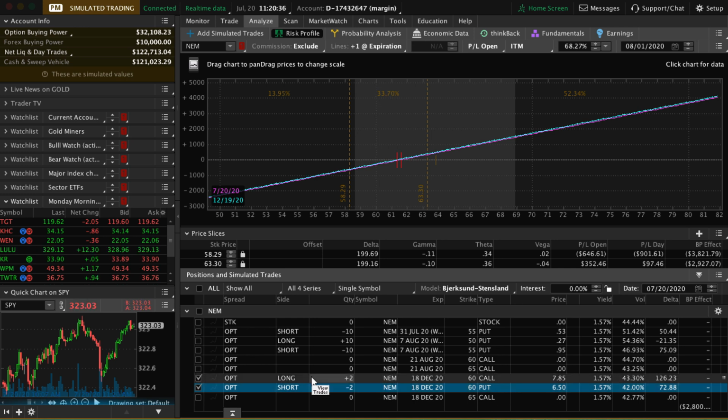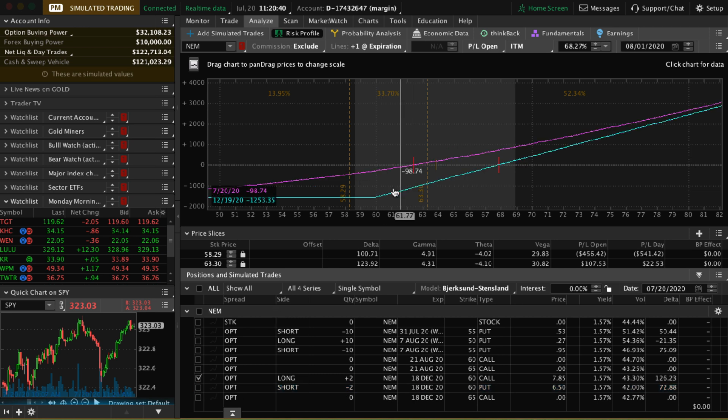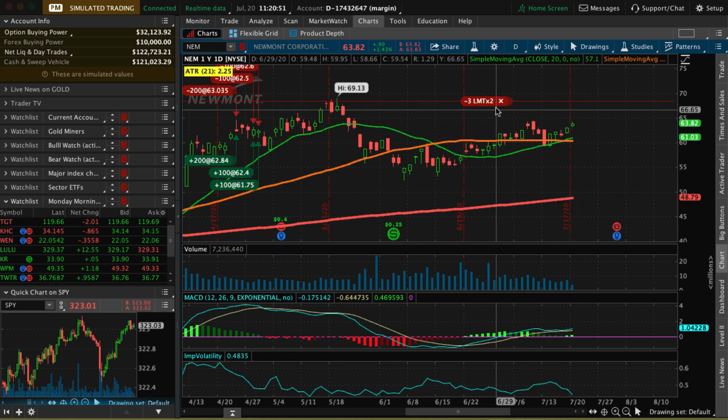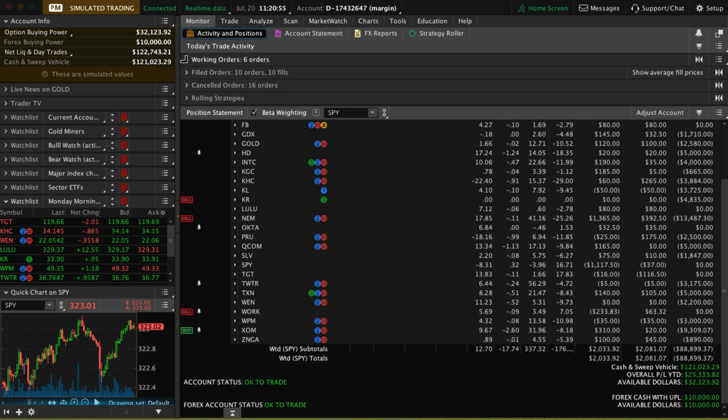So I will close my short put position, which will create just a long call. And once NEM reaches a level of, and I think I have it also here, that's not very readable, so let's go to working orders.